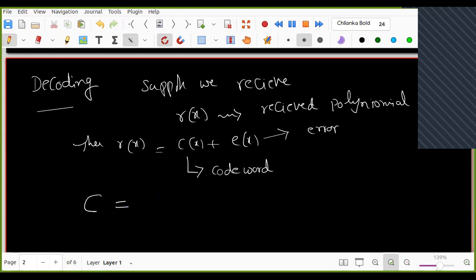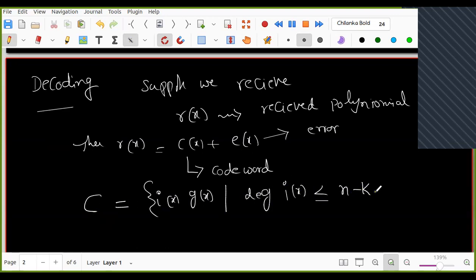The code words are some I of x, I am writing information, so I of x into g of x, such that degree of I of x is less than or equal to n minus k minus 1, because we are quotienting with x power n minus 1. Once you've done that, the polynomial degree is at most n minus 1, but degree of g of x is n minus k.